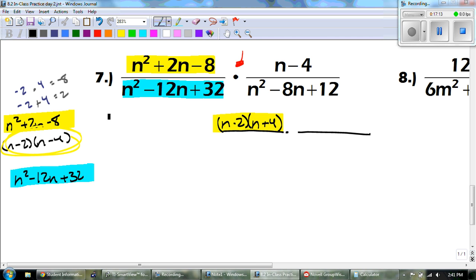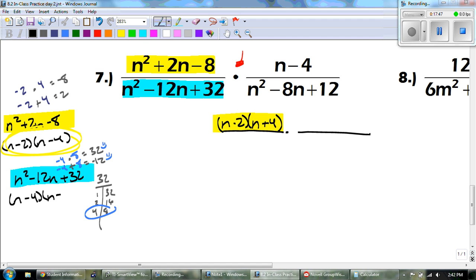Now I want numbers that multiply to get 32 but add to get negative 12. Remember, if you don't know that, write down 1 and 32, 2 and 16, 4 and 8. It's going to be 4 and 8, and if you use negative 4 and negative 8, that works. So we get n minus 4, n minus 8.